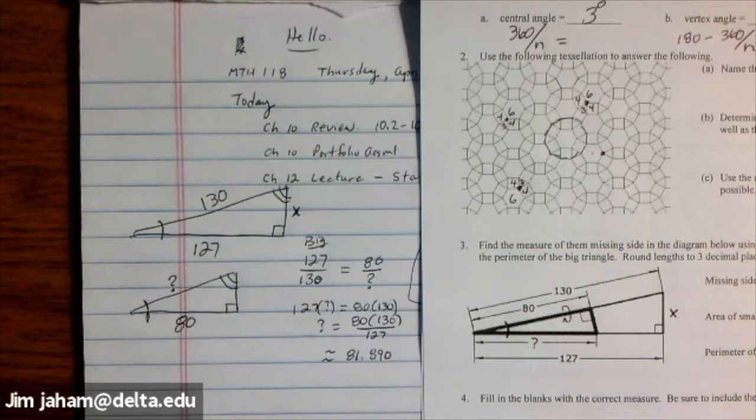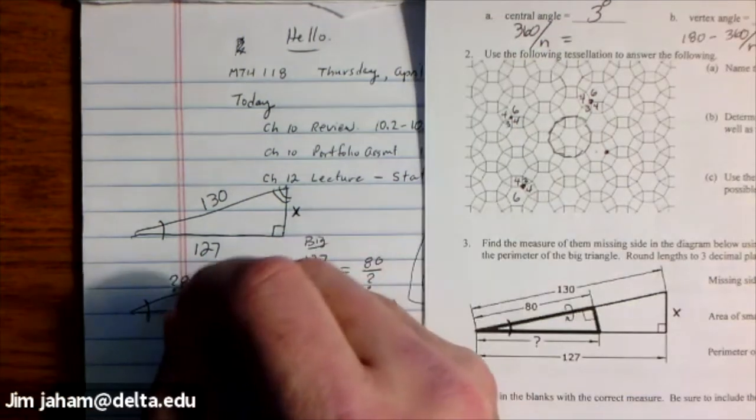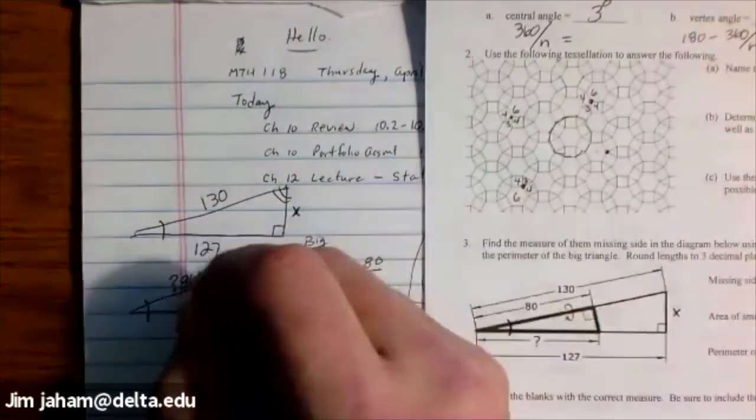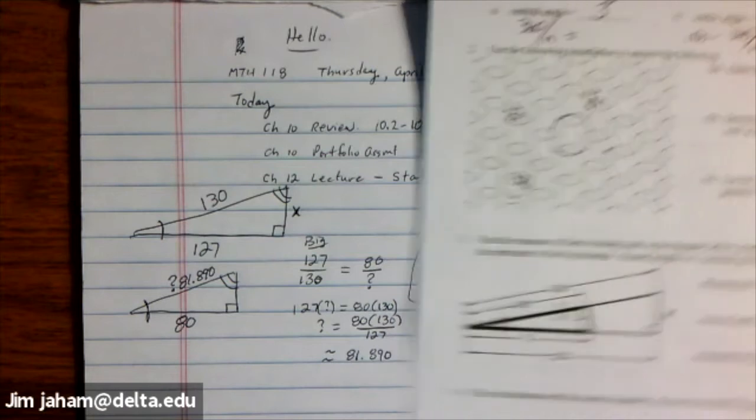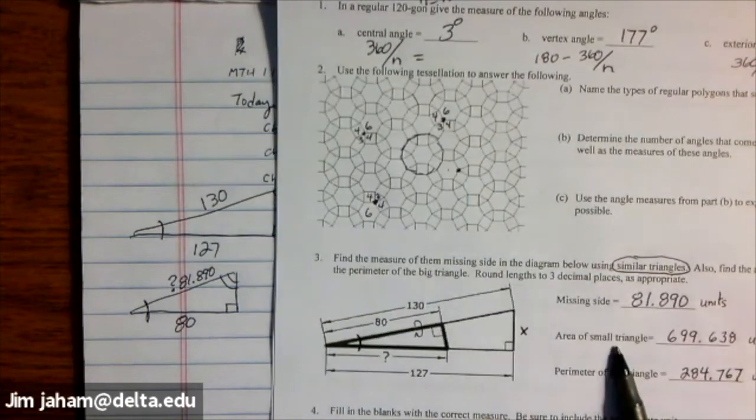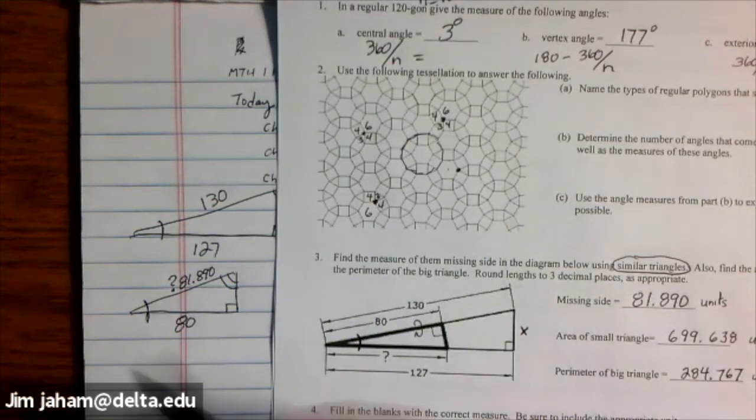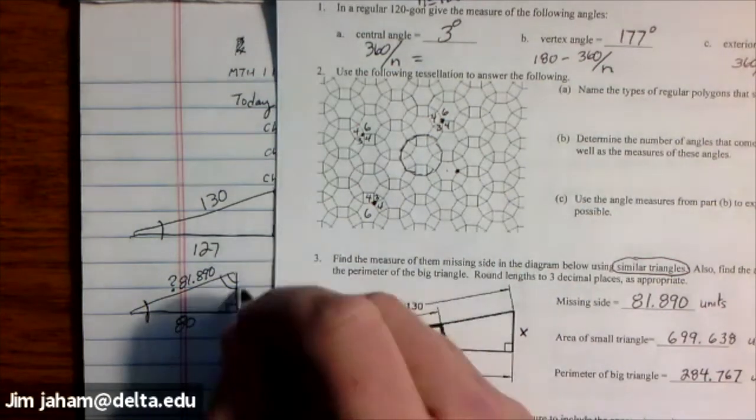Okay, so then they want the area of the small triangle. We now know that this side is 81.890, but if we want the area of the small triangle, we've got the base, we do need the height.